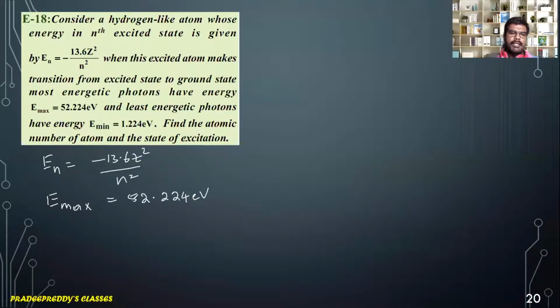This is the maximum energy released. And the least energetic photon, which is E minimum, is equal to 1.224 electron volt. E maximum and E minimum have been given.